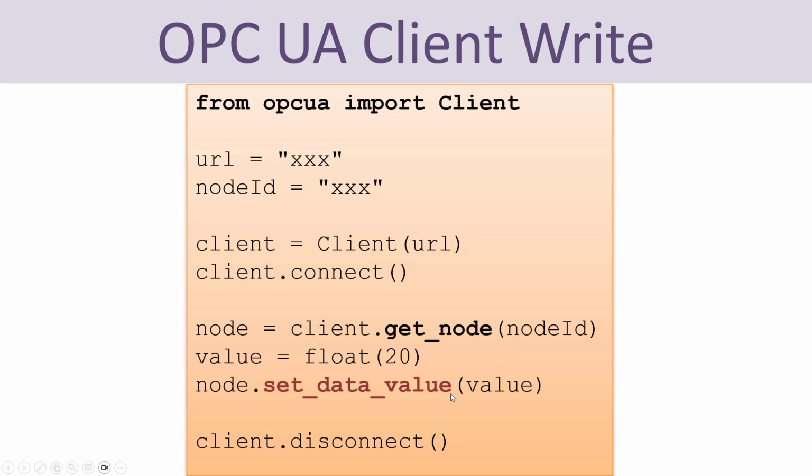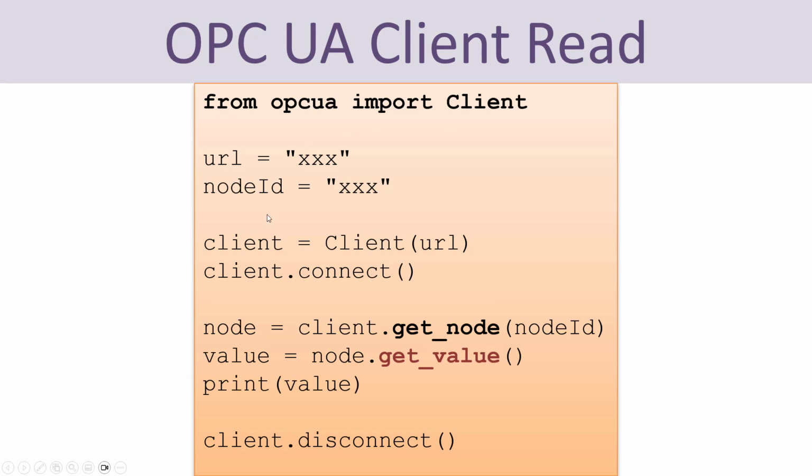So basically these are the two basic applications that we are starting with: an OPC UA client that is writing data to the OPC UA server, and then next an OPC UA client read that is reading the same value from the OPC UA server.